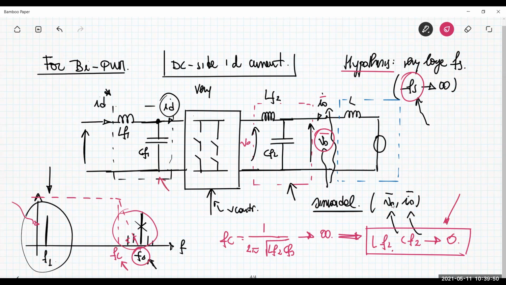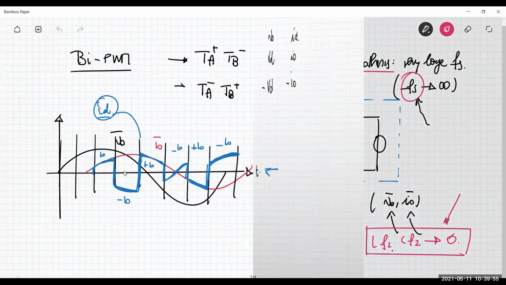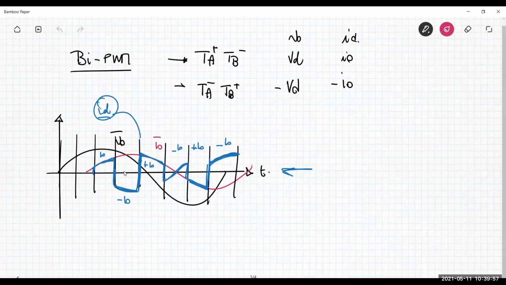The same is applicable to the input. On the input side, as I showed before, the current has this blue behavior. If you look at the harmonic components, for sure you have a component at the switching frequency, because you have the switching here, and this is exactly the switch.